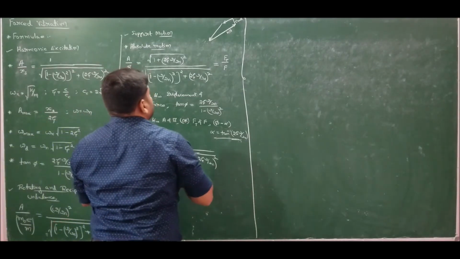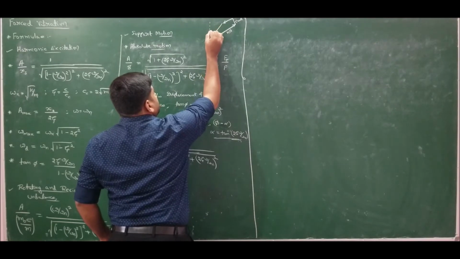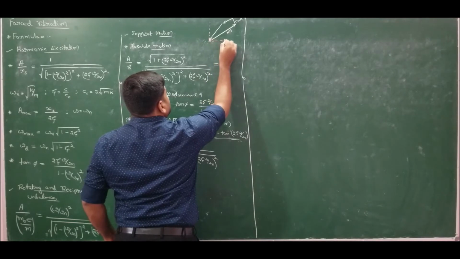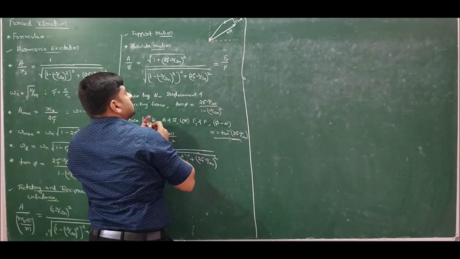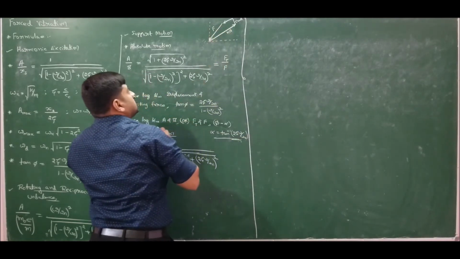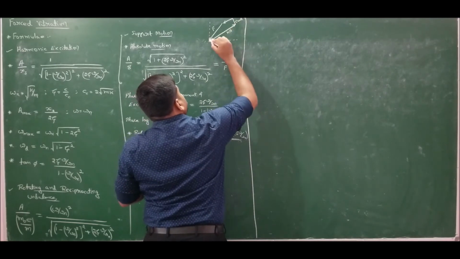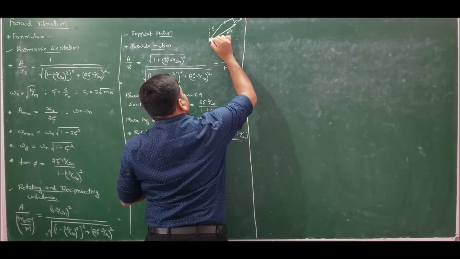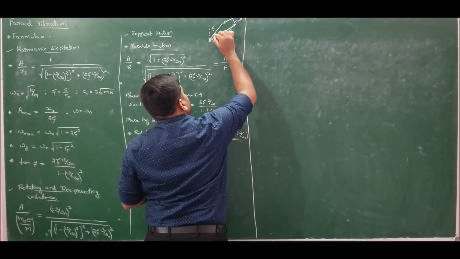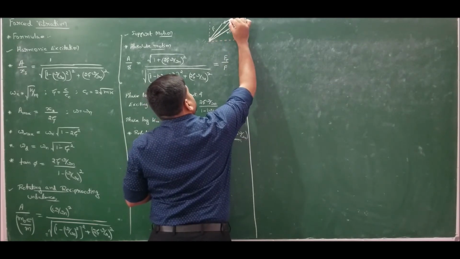Let me use a different chalk to show it properly. Let us have the reference like this. So this is force F, correct? Now from here to here, it is force transmitted to the foundation, because force transmitted to the foundation is spring force and damping force only, which we have clearly discussed in our previous lecture.